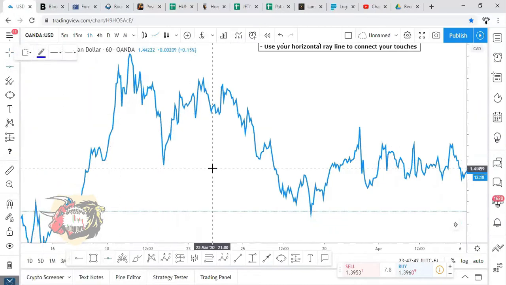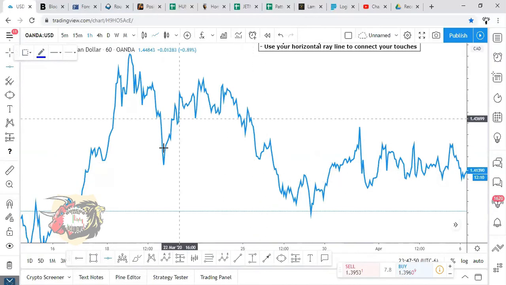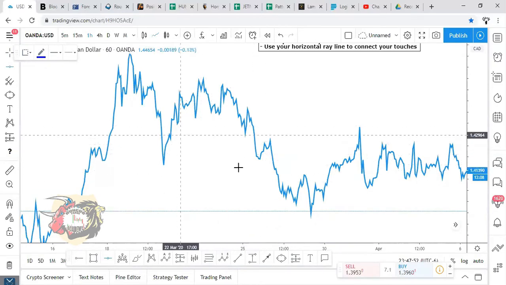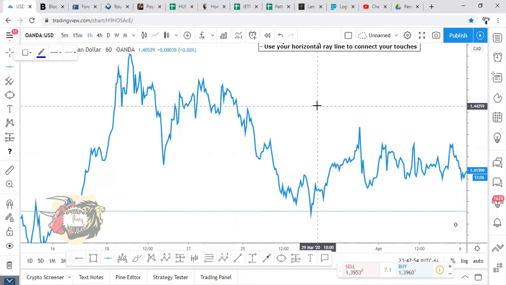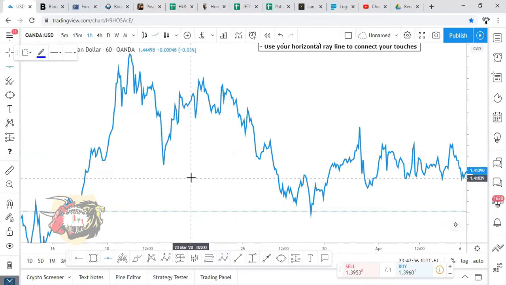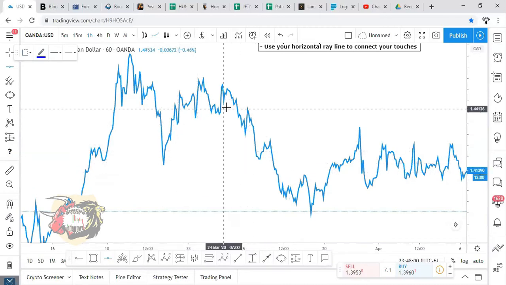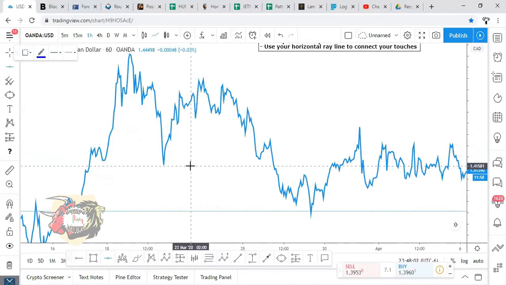Then see how TradingView has already given me a highlighting tool together with my cursor. So if I'm moving my cursor, it's always highlighting for me. Can you see? So you are going to use this cursor to identify where these support and resistance areas are.